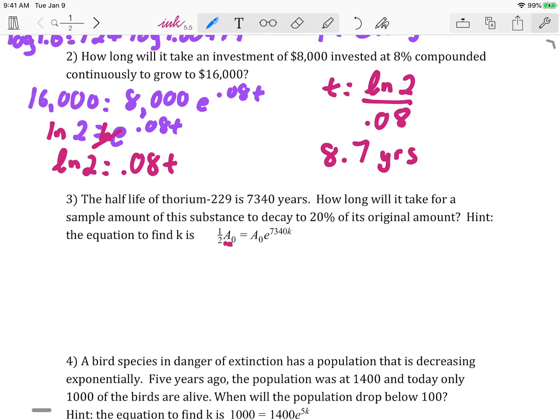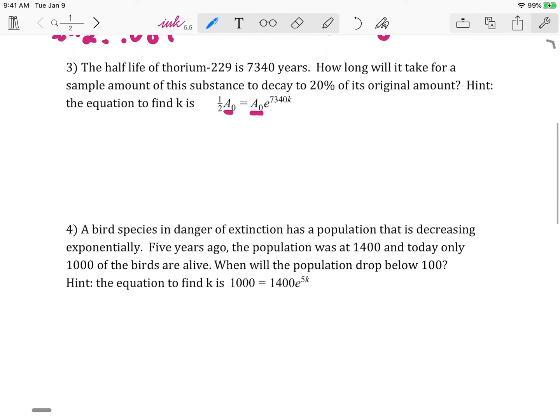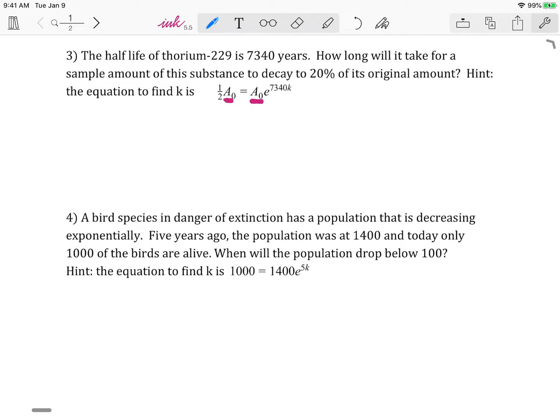All right, so we've got to do a little thinking. Well, this a naught is the same on both sides, so essentially you could divide by that on both sides and it would just be gone. So that would leave you a half equals e to the 7,340k. Well, I want k by itself.